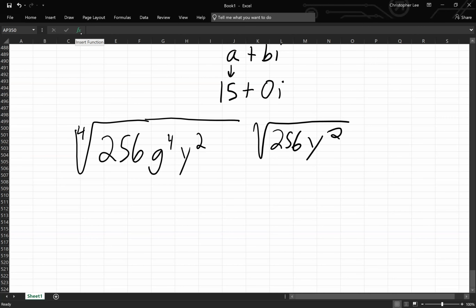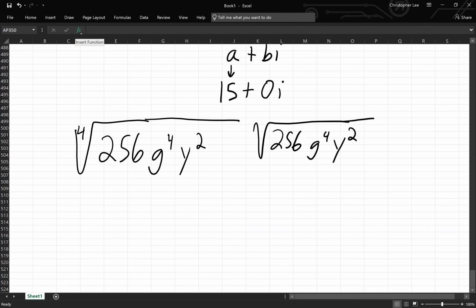What I got here? G to the 4, y to the what? Well, G is just 1, right? If you can't find y, you should just leave it alone.